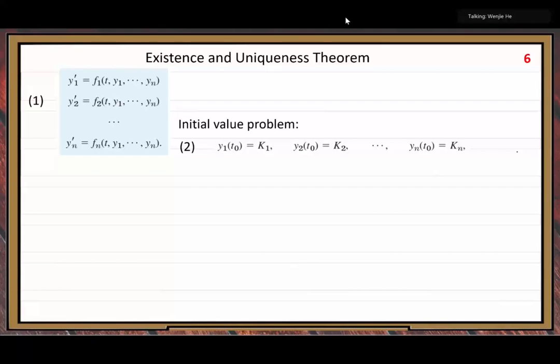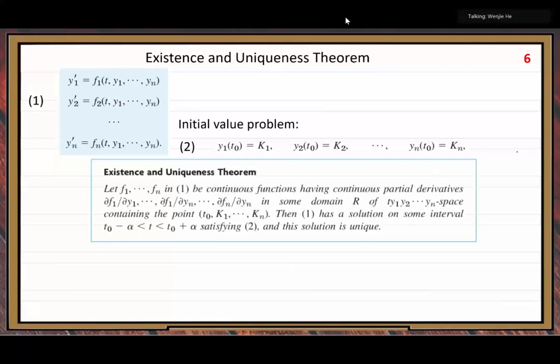So this is a system of ODEs, but may not be a linear system. You should be careful in our assumption whether we say it's a linear system or not.